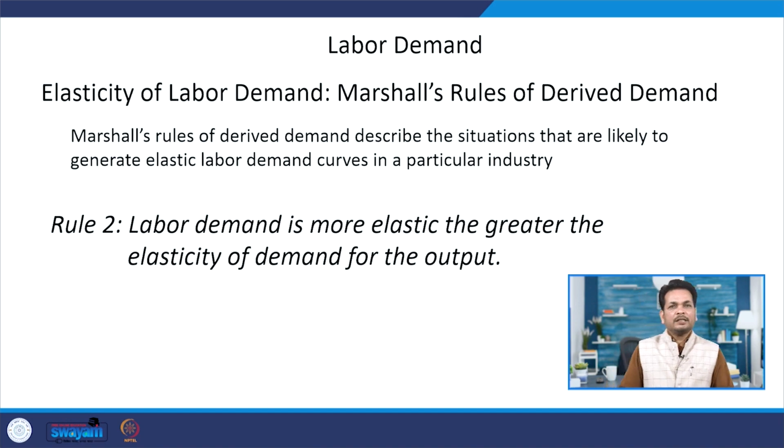the labor demand is more elastic the greater the elasticity of demand for output, which means if the demand for output in the product market is more elastic, then the labor demand is more elastic. Let us discuss how it happens.